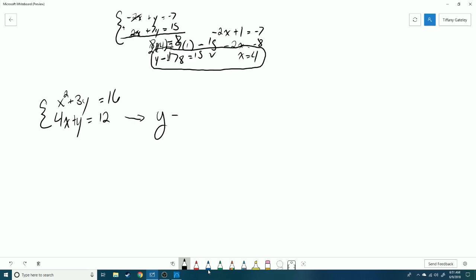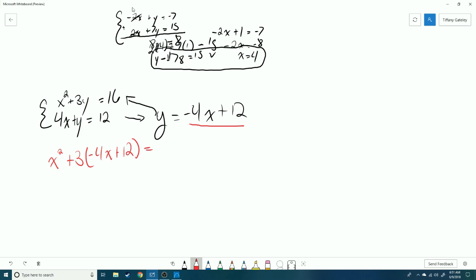So y equals -4x plus 12. That was super easy. So then we're going to plug this y into this equation up here. So that'll give us x squared plus 3 times the y, which is this entire thing, -4x plus 12, equals 16.